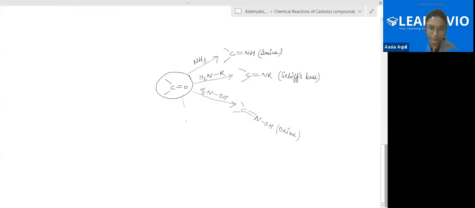What will happen if your carbonyl compound is treated with NH2NH2? NH2NH2 is hydrazine. So again, do the same thing, do dehydration, and you will get this. This is hydrazone.